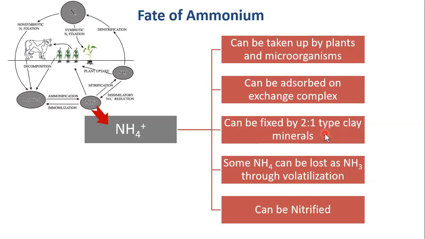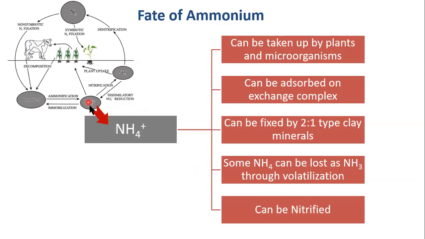They can be fixed into the minerals, so they are slowly available. Some ammonium can be lost as ammonia through volatilization, so ammonium can be lost into the atmosphere as ammonia gas, if you have some microbes which convert ammonium into ammonia gas. And of course, that can be nitrified.